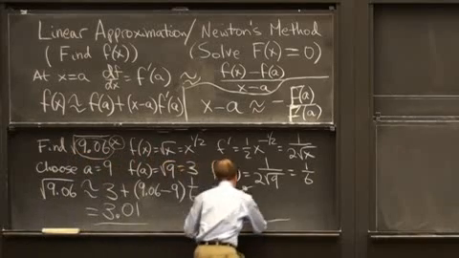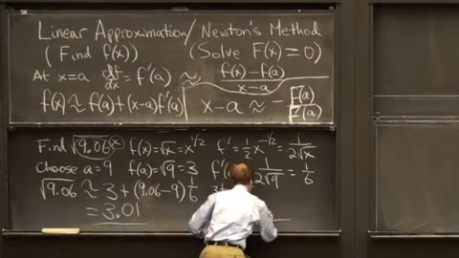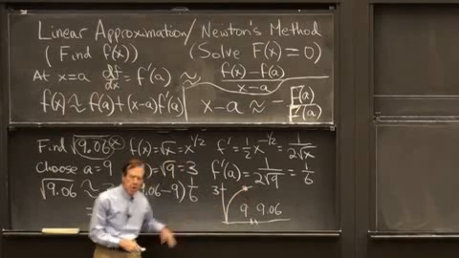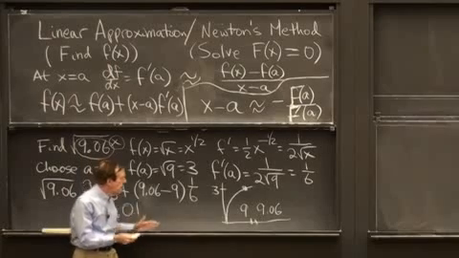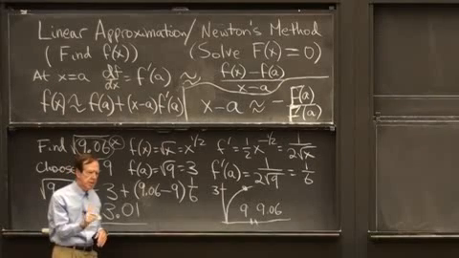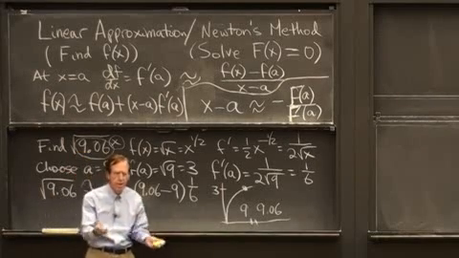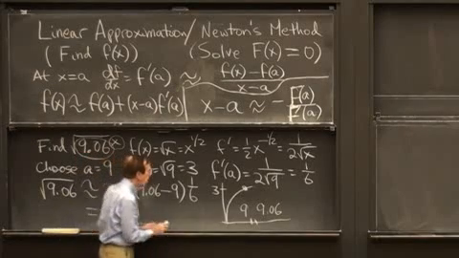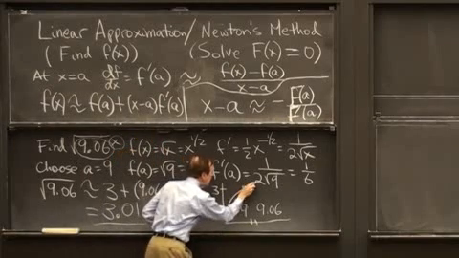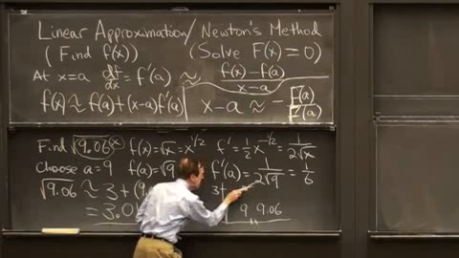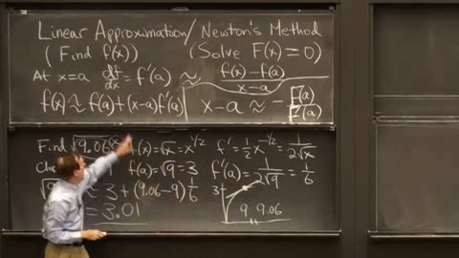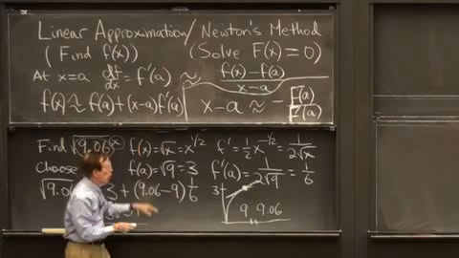So this was 9 here, and this was 9.06. And how am I getting close to that point? Well, I'm not going to follow the curve to do the square root of 9.06 exactly, any more than your calculator or computer does. I'm going to follow this line. That line is the tangent line.